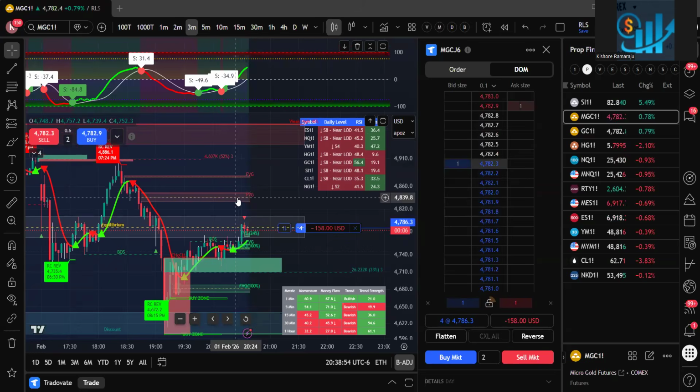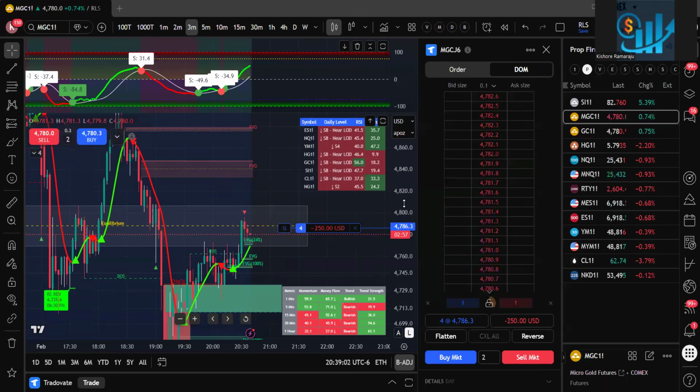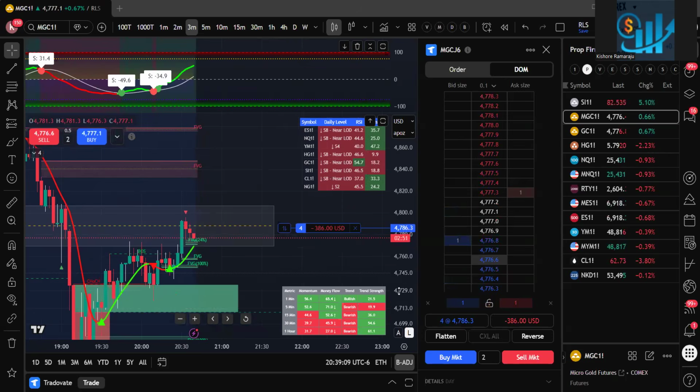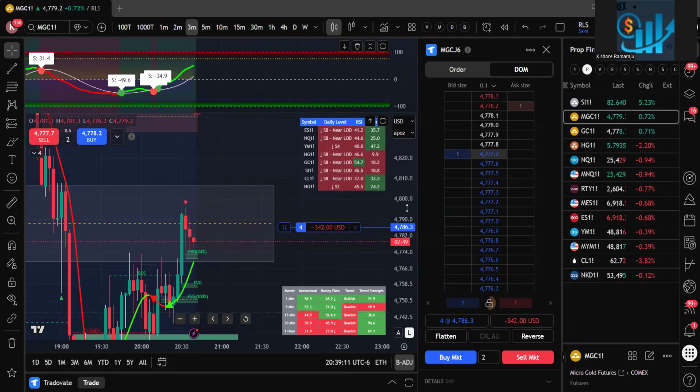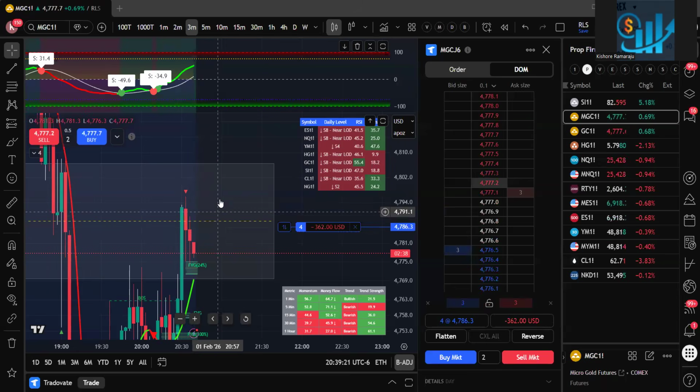It should go minimum till 4800. So with the micros, even though it may go up, go down, right? Because the candles are so big, this candle came so big, there might be a small reversal and again it will go up.